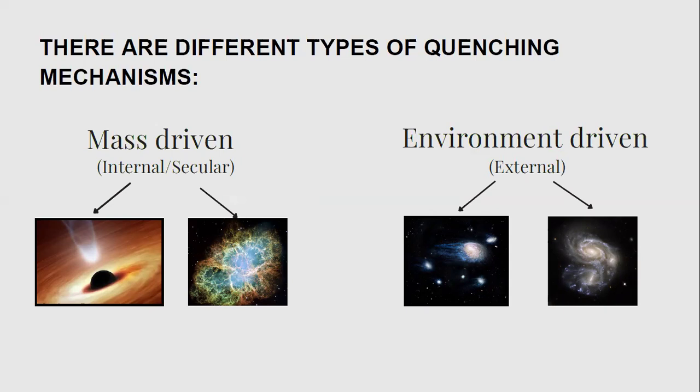Then the environmental processes are any external process that affects the galaxy. For example, mergers, minor mergers, major mergers, or any hydrodynamical effects like ram pressure stripping. When the galaxy falls into the cluster, it loses the gas in the outskirts.